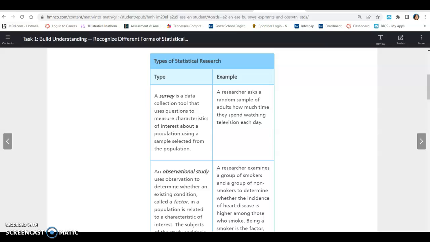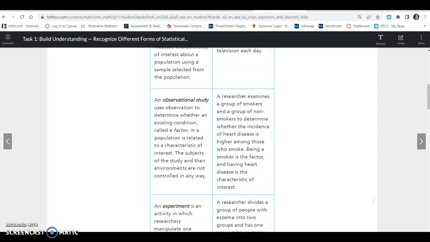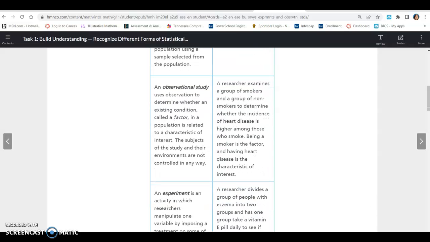A survey is a data collection tool that uses questions to measure characteristics of interest about a population using a sample selected from the population. An observational study uses observation to determine whether an existing condition called a factor in a population is related to a characteristic of interest.